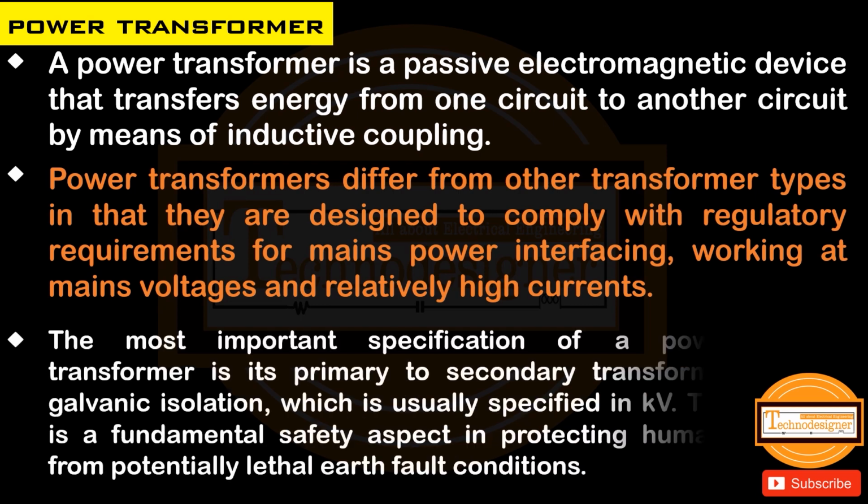The most important specification of a power transformer is its primary to secondary galvanic isolation, which is usually specified in kV. This is a fundamental safety aspect in protecting humans from potentially lethal earth fault conditions.